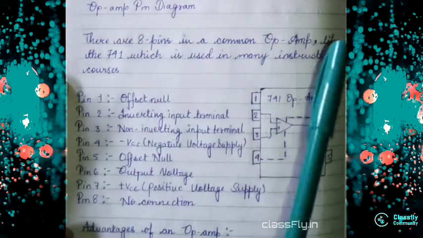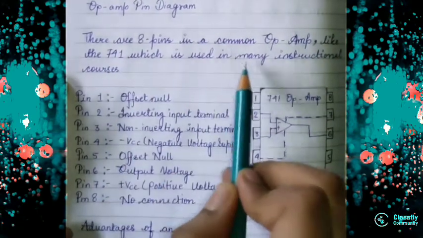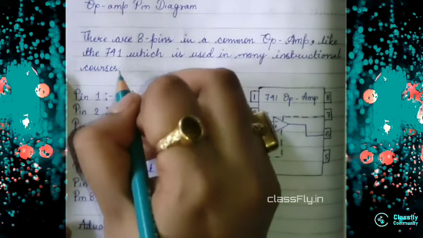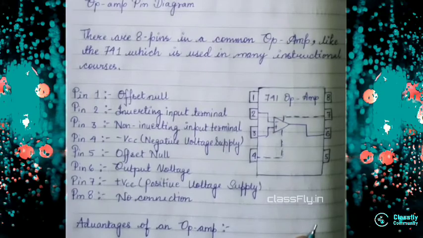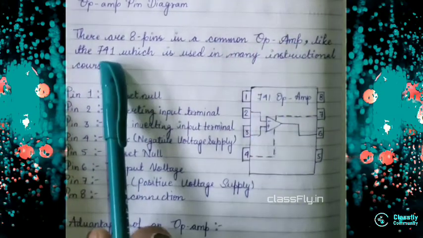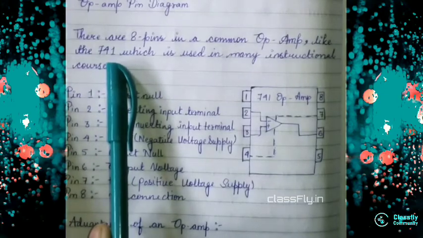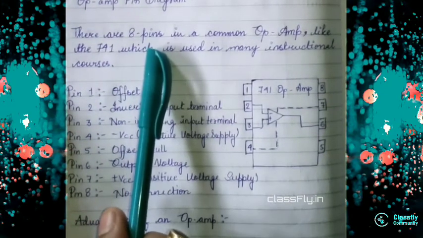There are 8 pins in a common op-amp like the 741, which is used in many instructional courses. Instructional courses means the practicals you do for basic electronics, and for the op-amp they use the IC chip 741, and it has only 8 pins.